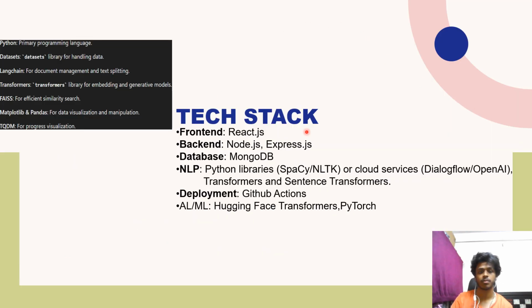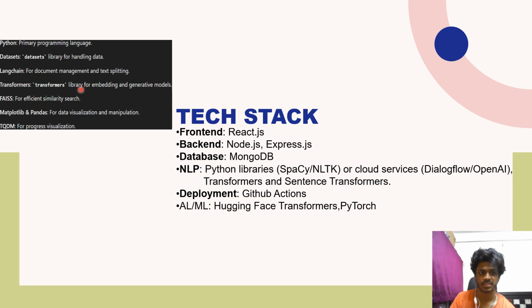Talking about the tech stack of our project, for the front end, for the website, we use React.js. For the back end we use Node.js and Express.js, and for the database MongoDB. For performing various NLP tasks, we use Transformers, Sentence Transformers, FAISS, the Facebook library for similarity search, and then we use LangChain.